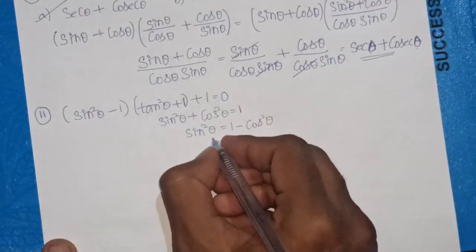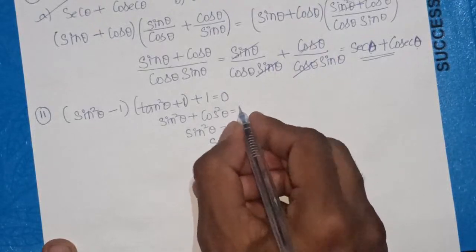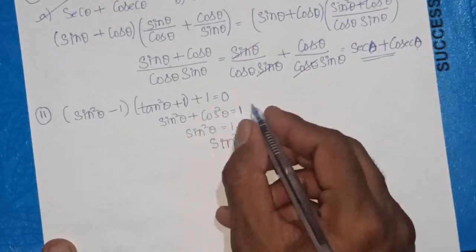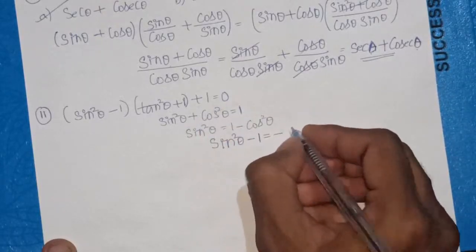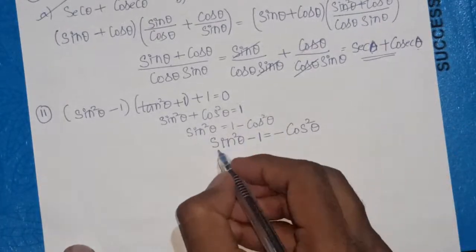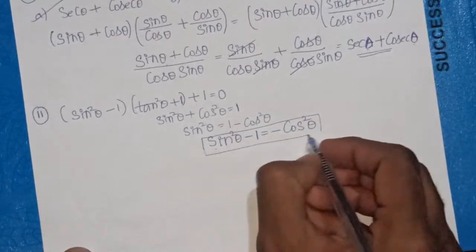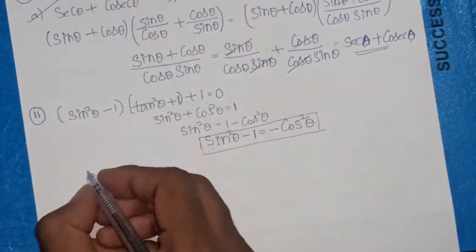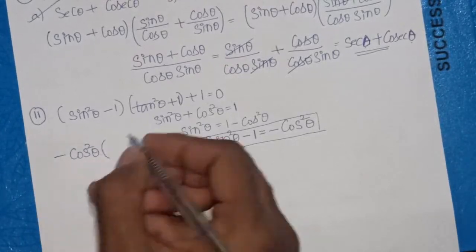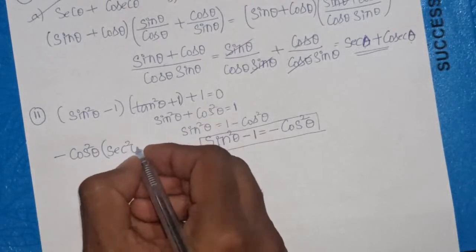Whenever we are exchanging, when we are taking this plus 1 to this side, it will become minus 1, and this cos square will be sent that side, it will become minus cos square theta. Therefore, sin square theta minus 1 will give you minus cos square theta as formula. So sin square theta minus 1 can be written as minus cos square theta into tan square theta plus 1, which is equal to secant square theta.